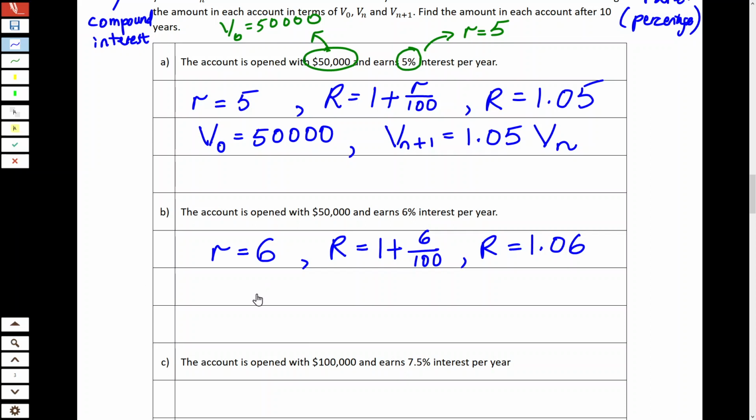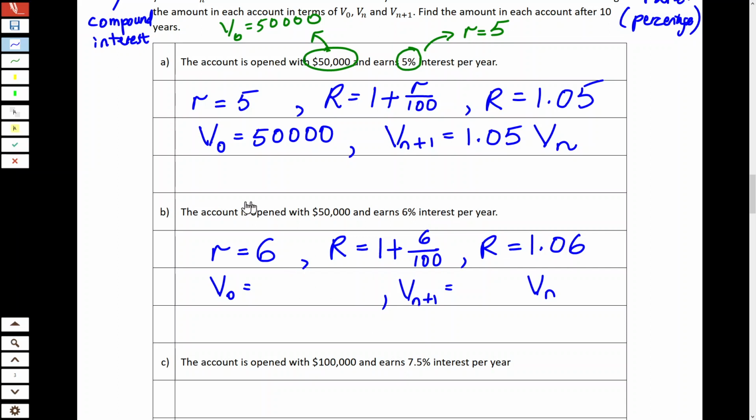All right. Let's go with Maddie. We've just calculated the ratio, capital R. Now I want to set up the recurrence relation. So I need two things. I need V naught and I need Vn plus 1 equals some number times Vn. Can you tell me the missing numbers? V0 equals 1.6.